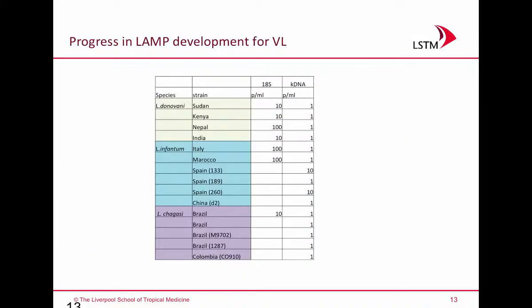We have got primer sets, and we are in the process of evaluating these primers. At the moment, we can detect with our kDNA target about 1 parasite per ml, which is really little. And with our 18S ribosomal DNA, we can target about 10 to 100 parasites per ml, because it's a lower copy number target.